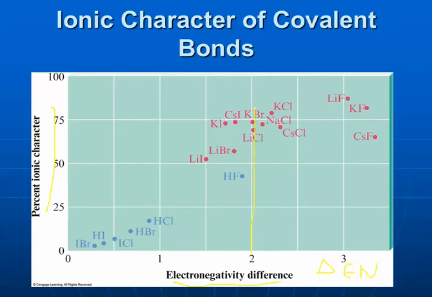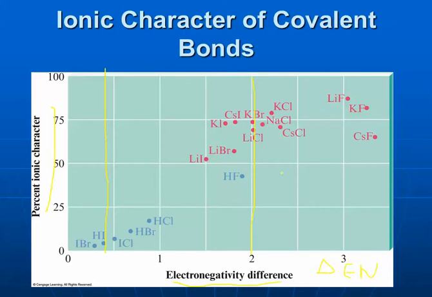We were talking about before, 2 and greater is ionic, and then before we said 0.4, which would be just about here, maybe. And then here is the nonpolar and less. So these are all other ones that would be considered nonpolar covalent. However, if we simply looked at metal and nonmetal, we would classify all of these as ionic.